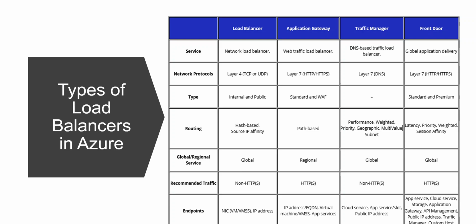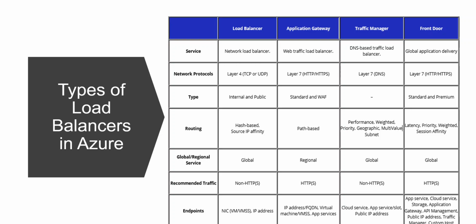Every load balancer gives different features or support. They support in a different way, and you can use them depending on what kind of scenario or architecture your organization has.